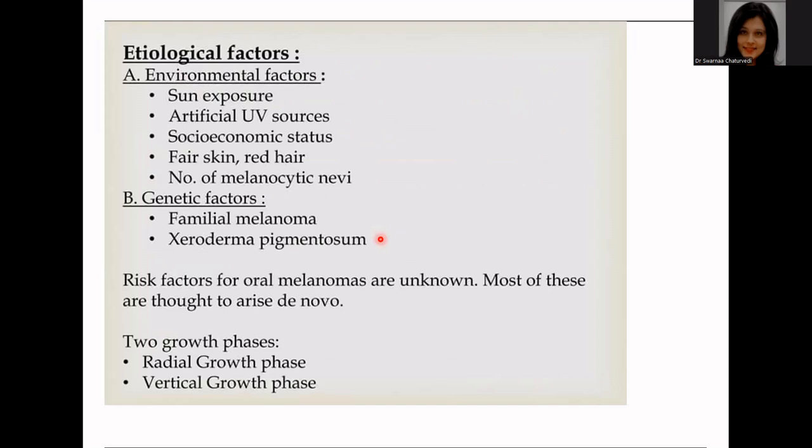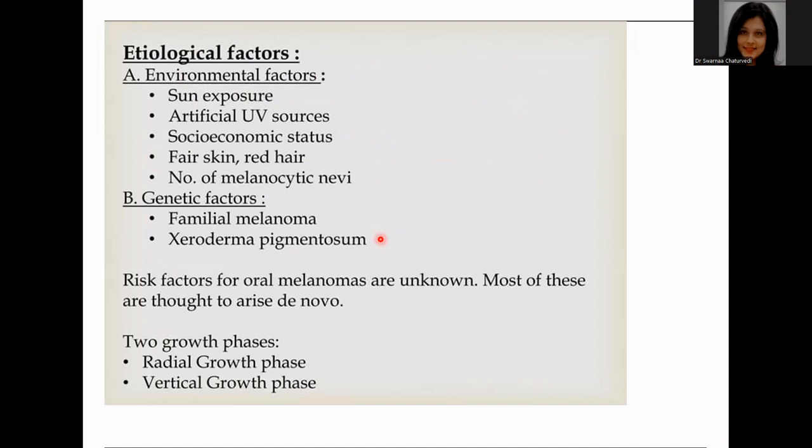If we look at its etiology, its etiological factors have been divided broadly into environmental factors and genetic factors. In the environmental factor, the most common factor is sun exposure. Artificial UV sources could also be the one. Socioeconomic status, fair skin, red hair, and the number of melanocytic nevi present.